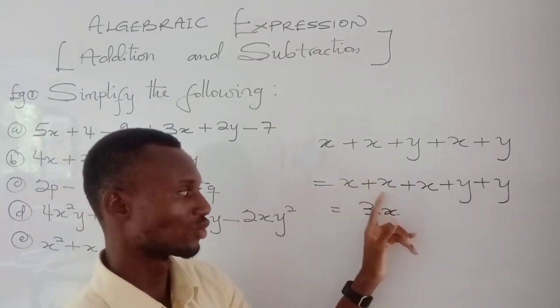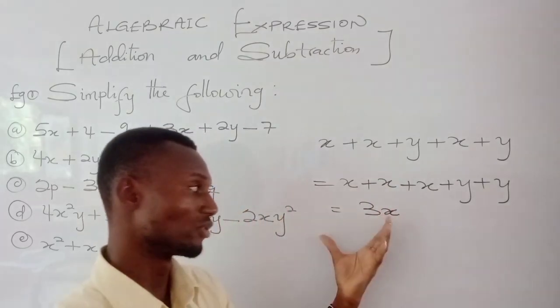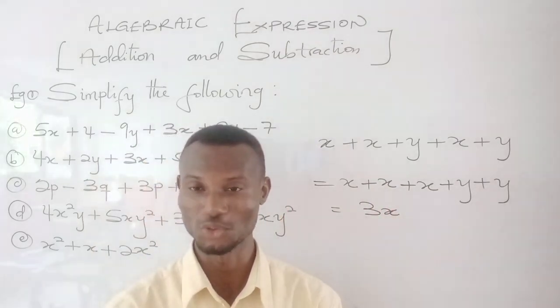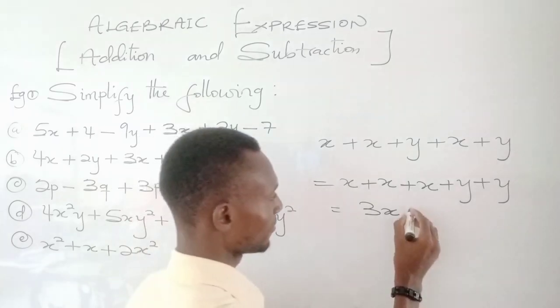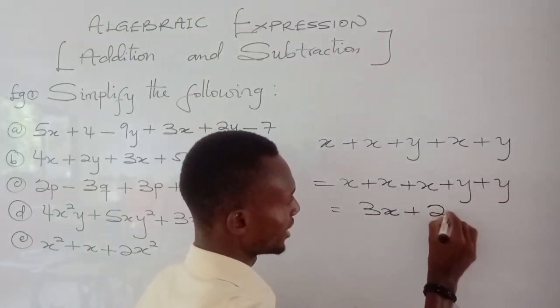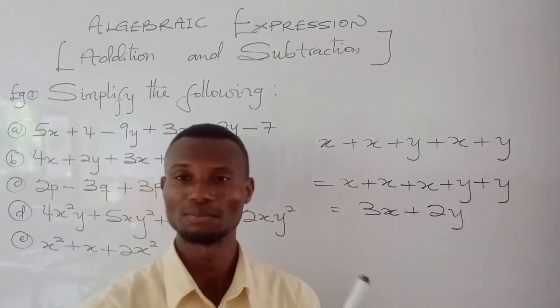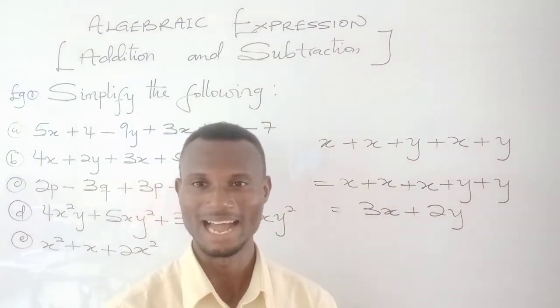So 1 plus 1 plus 1 gives 3. And you just pick one of the variables and attach to it as you have been doing. Then plus the y here is going to give me 2y. Then this becomes my final answer.